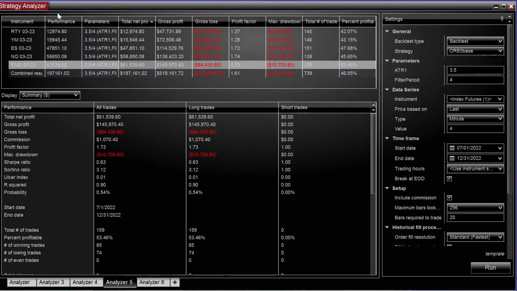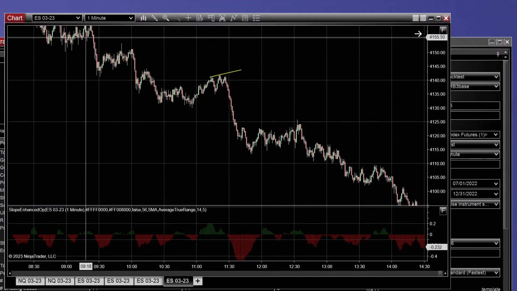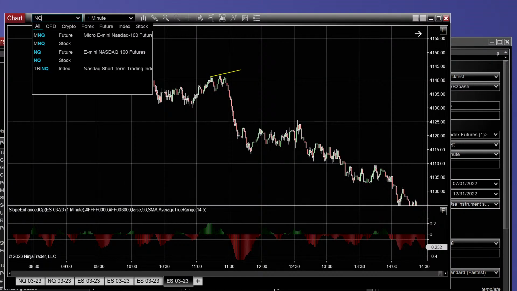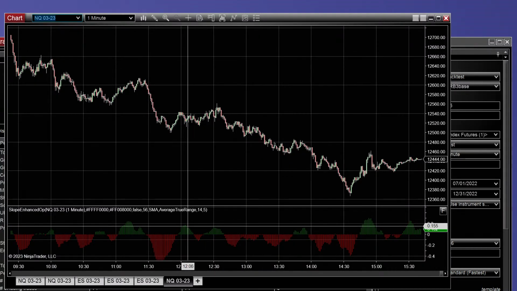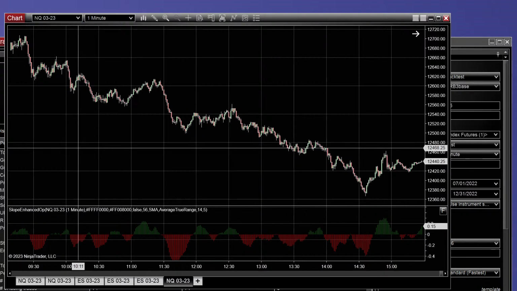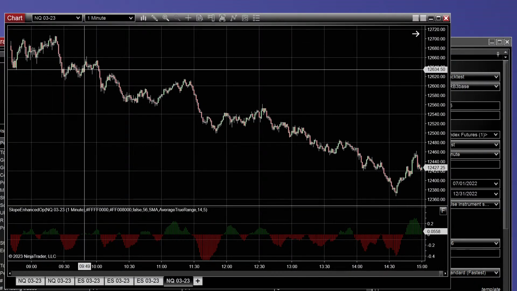So let's go ahead and add the NQ. Of course, these are very correlated, and you can now see how correlated they actually are.